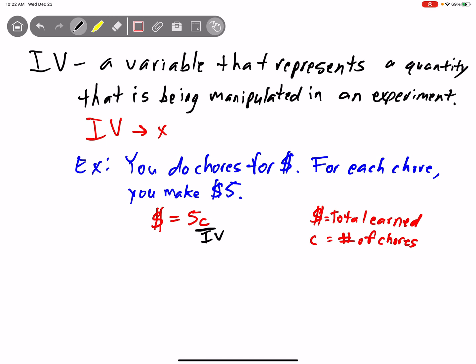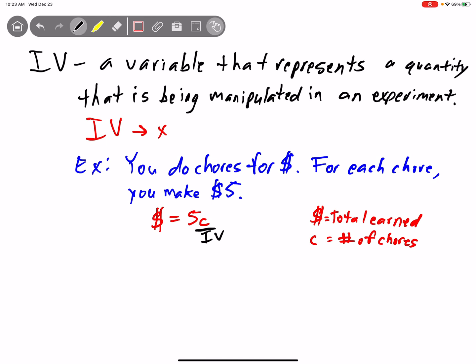If you do one chore, you're going to multiply that 1 by 5. It's being manipulated by multiplying by 5. If you do 2 chores, you multiply by 5, it becomes 10. 3 chores, you multiply it by 5, it becomes 15. So C in this case is your independent variable.